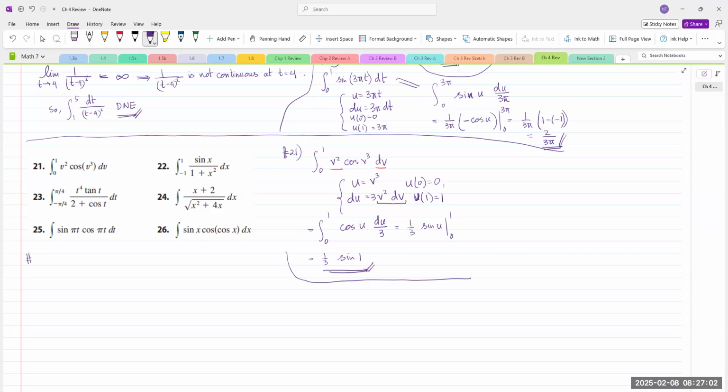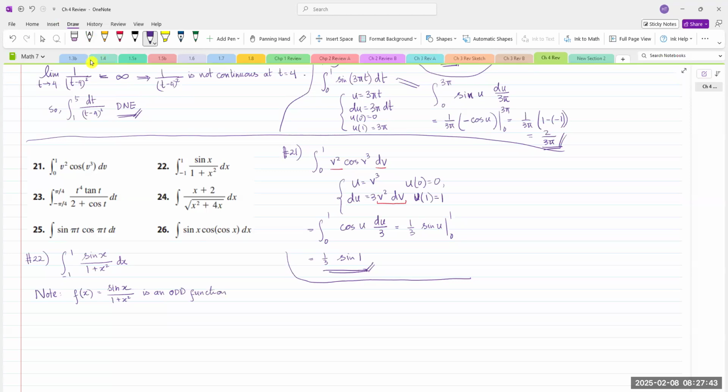Number 22. Integral from negative 1 to 1 of sine x over 1 plus x squared dx. I don't think we can integrate this for now, but note that the integrand, let me call that f(x) equals sine x over 1 plus x squared, is an odd function. Of course, you need to show why it's an odd function.